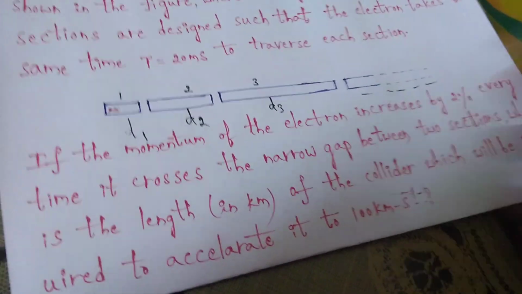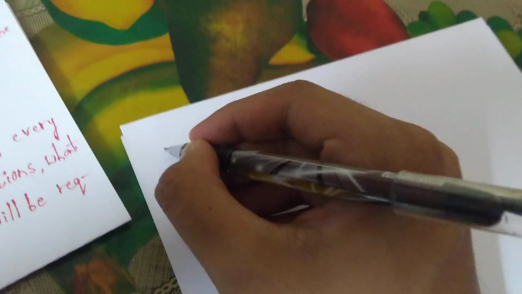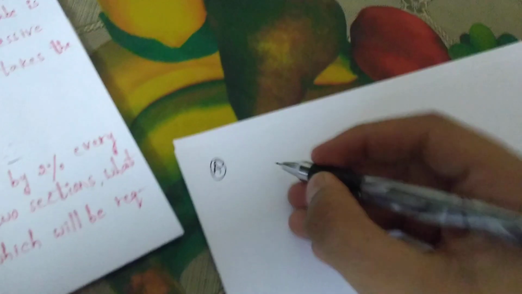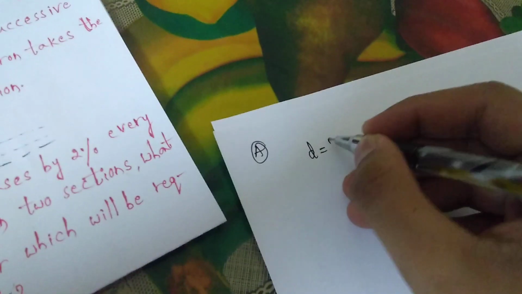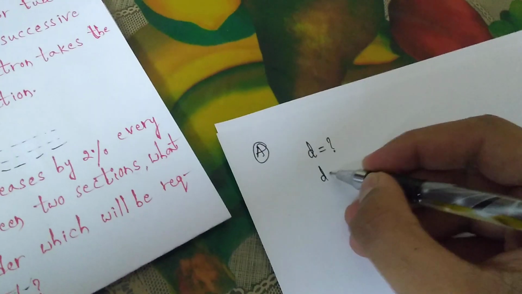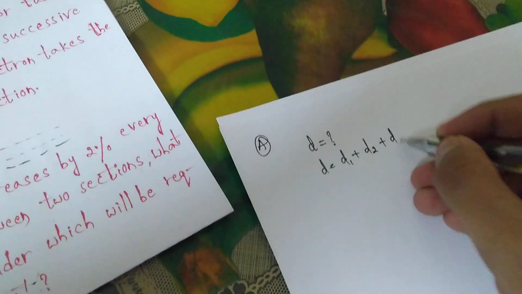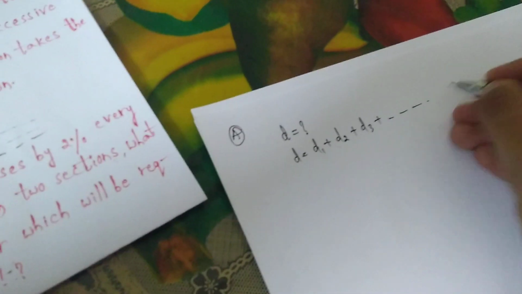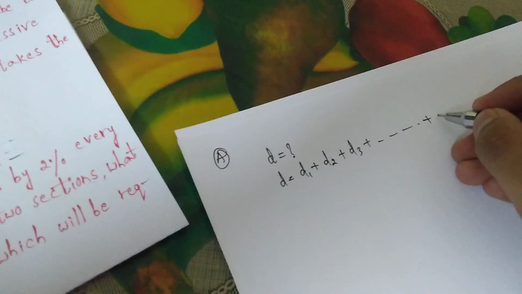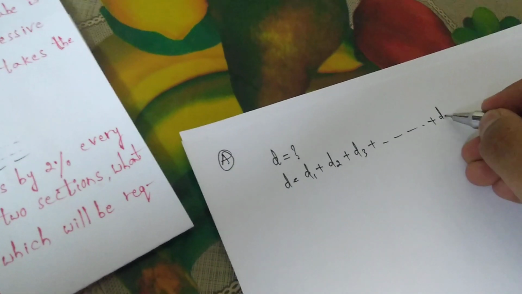There are lots of sections like this, and we have to find the total distance traveled by the electron before achieving the velocity of 100 kilometers per second. So our job is to find d, where d equals d1 plus d2 plus d3 and so on, up to, suppose there are n sections, dn.